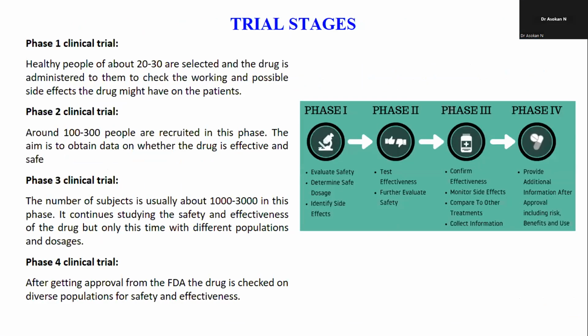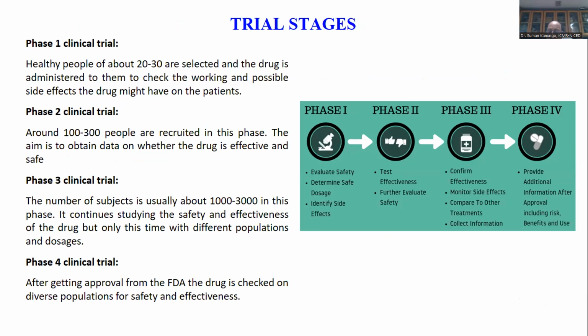And what are the trial stages? We already talked about them earlier: phase 1, phase 2, phase 3, and phase 4. Phase 1 is basically your proof of concept, where we usually enroll 20 to 30 subjects to study safety. In all the phases of the study, please remember, safety, safety, safety is the most important thing.